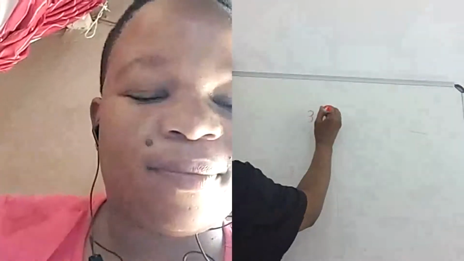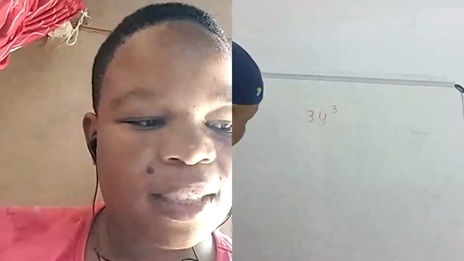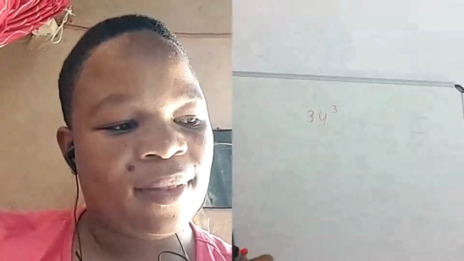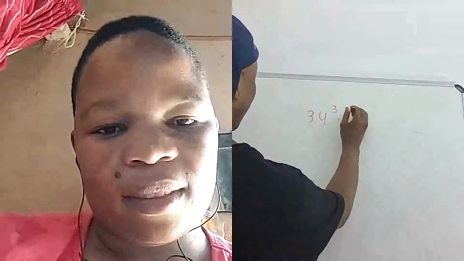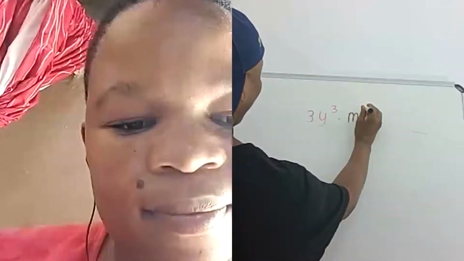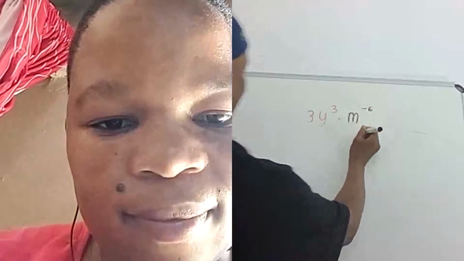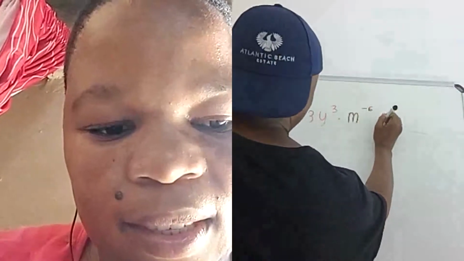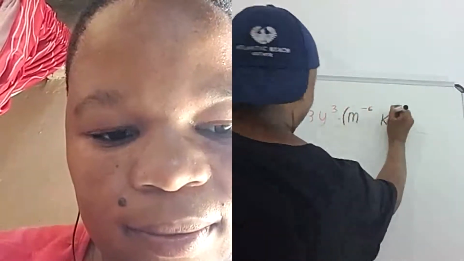Okay, let's take a few tricky examples. Somebody give us a 15. We're going to mix that now. Let's say m power -6, and k.